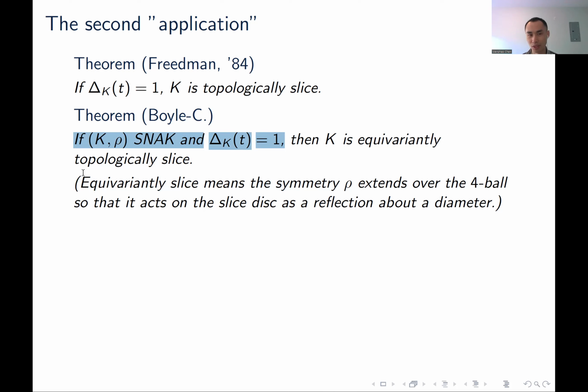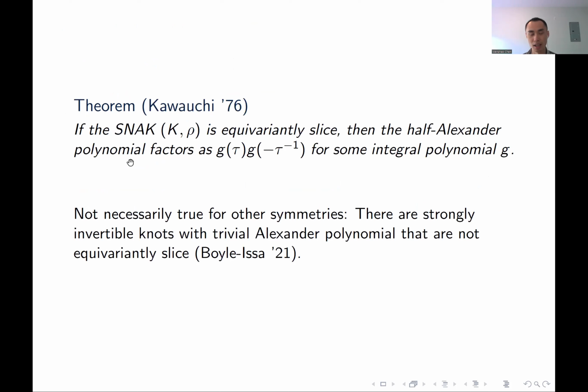It uses something called surgery theory. But this theorem does connect to the half-Alexander polynomial in some heuristic way. Indeed, back in '76, Kawauchi proved that if you have a snack and it's equivariantly slice, then the half-Alexander polynomial factors as g of tau times g of negative tau to the -1 for some integral polynomial g. This is very similar to the Fox-Milnor condition.